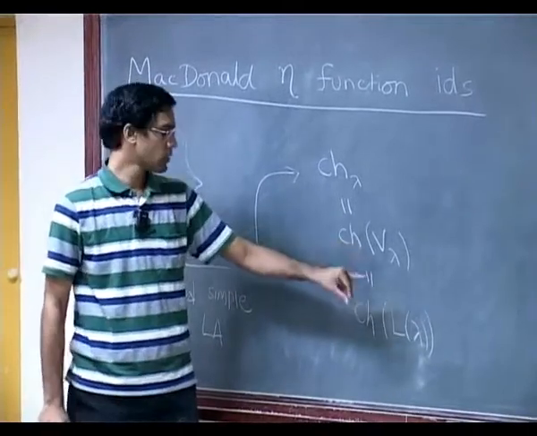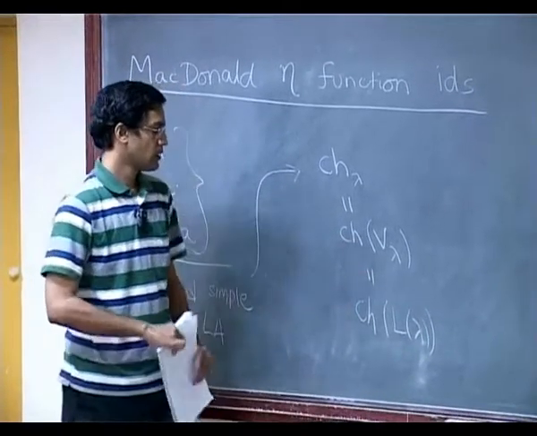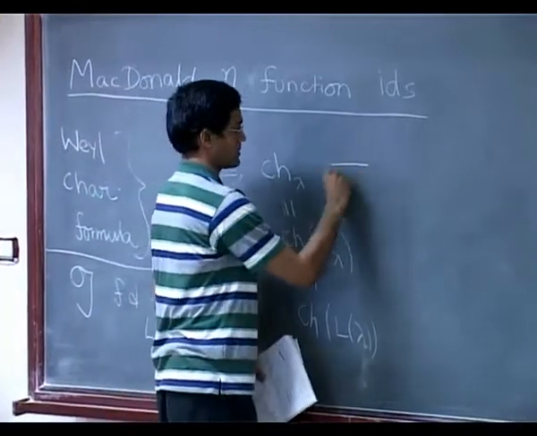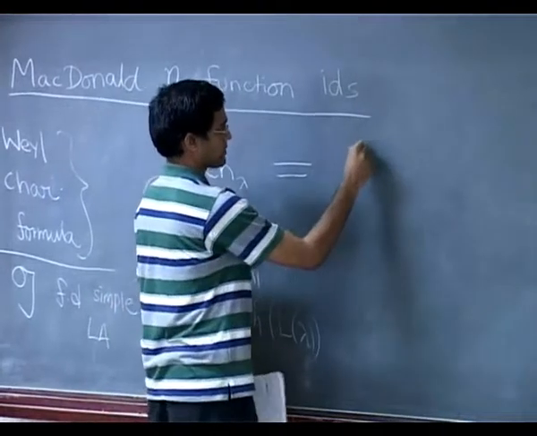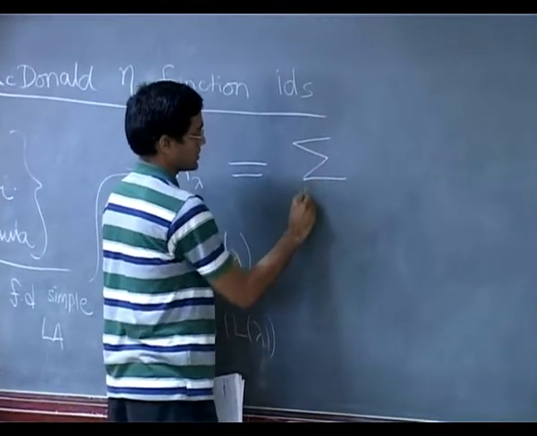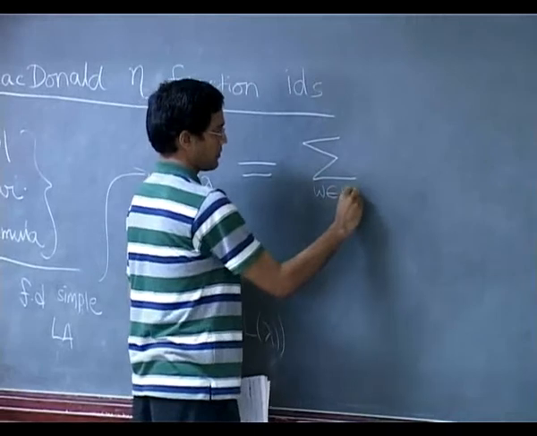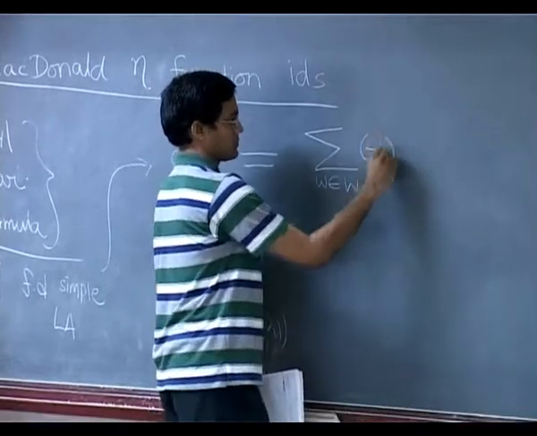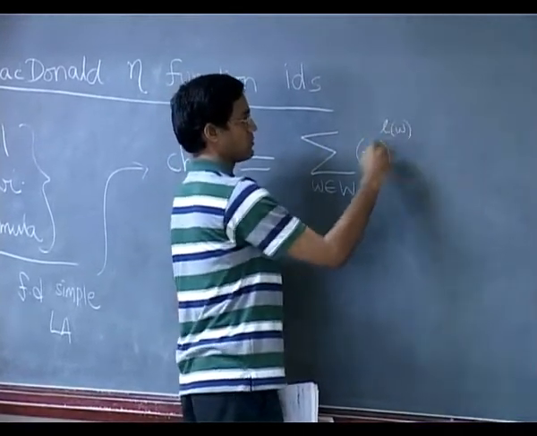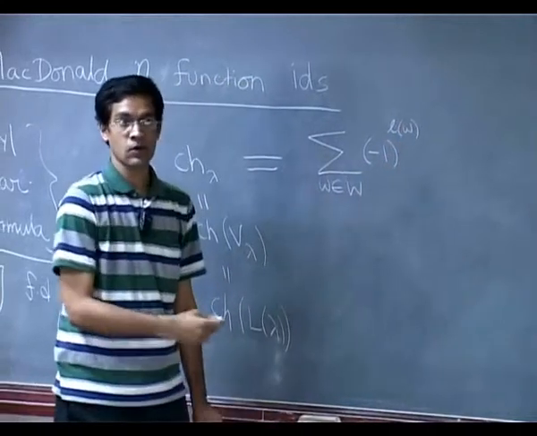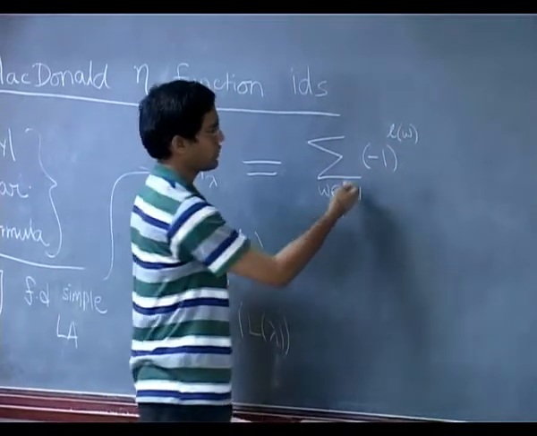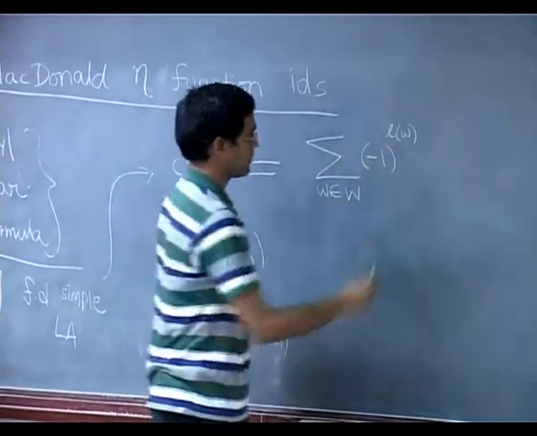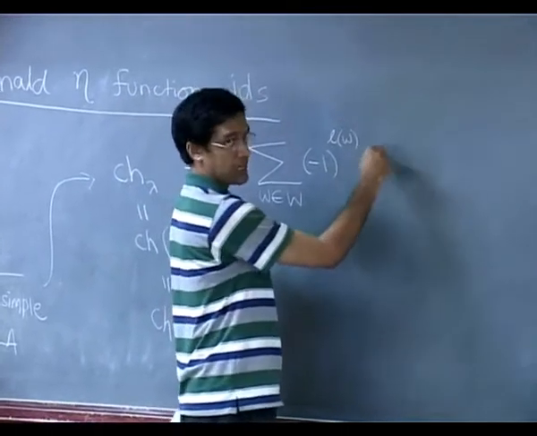It's a highest weight module with highest weight lambda, and the character is given by the Weyl character formula, which says it's an alternating sum over the Weyl group. So, this is sign of w, again sometimes denoted epsilon of w, which is equivalent to -1 raised to the length of w, times some formal exponentials.